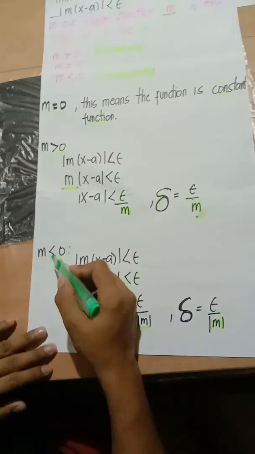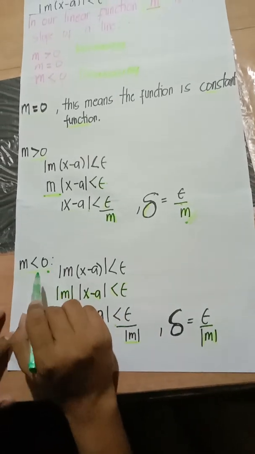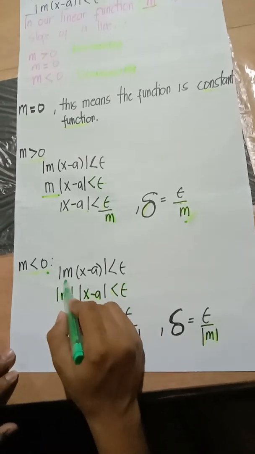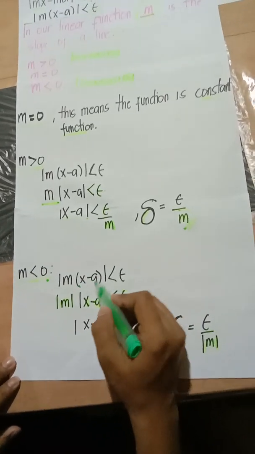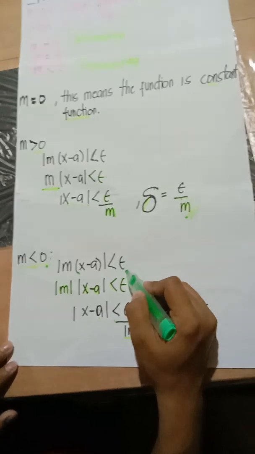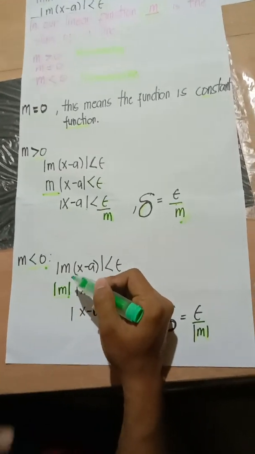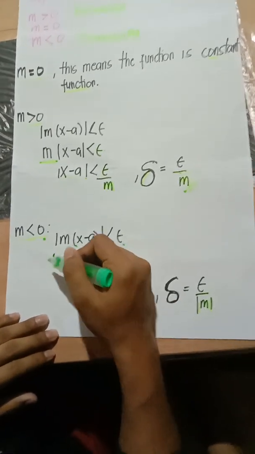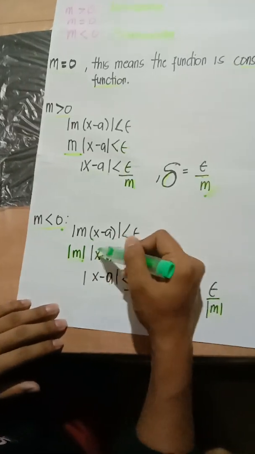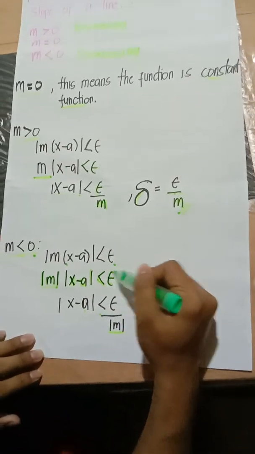So what if m is less than 0? The absolute value of m times x minus a less than epsilon. Since m is less than 0, we can put the absolute value of m outside, then the absolute value of x minus a less than epsilon.